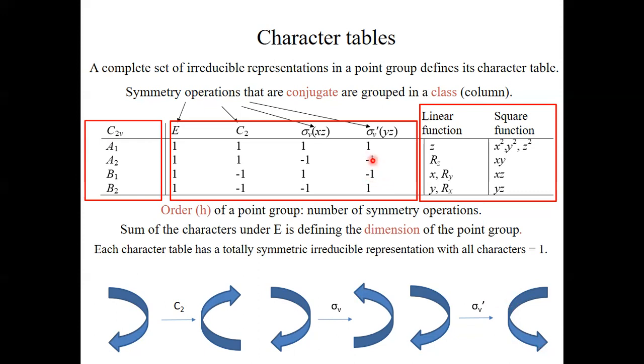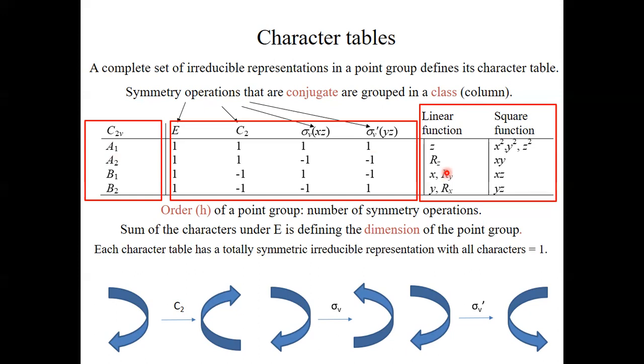This way we have shown that indeed rotation around z is associated with the symmetry type A2. We could show the same also for the Rx and Ry rotational vectors using analogous arguments, but I'm not going through this here explicitly.